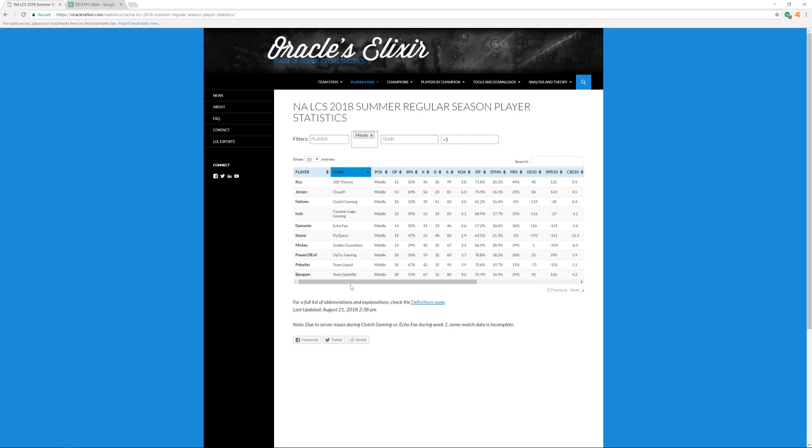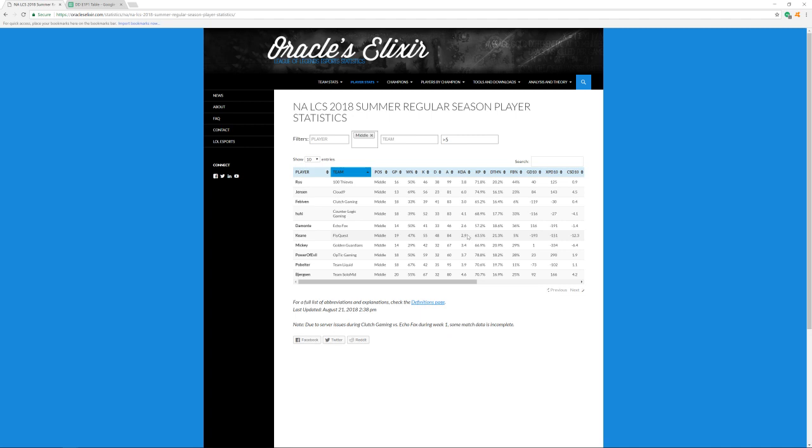Let's try to make a stat that represents early game success and strength in the lane. Now, let's look at the stats we have here and see what might be pertinent and important to early game success.